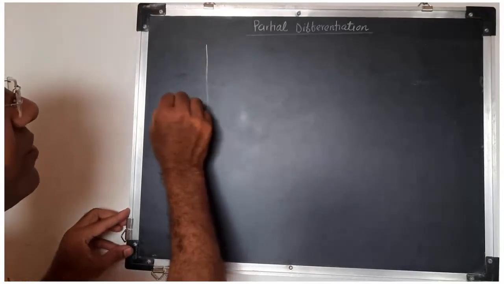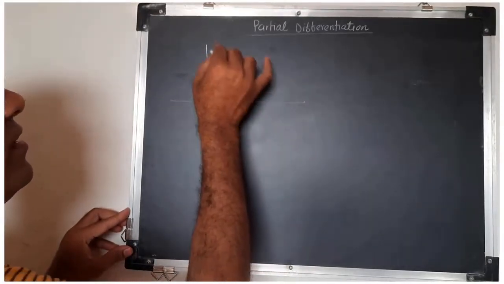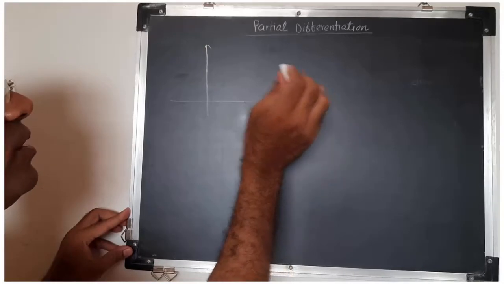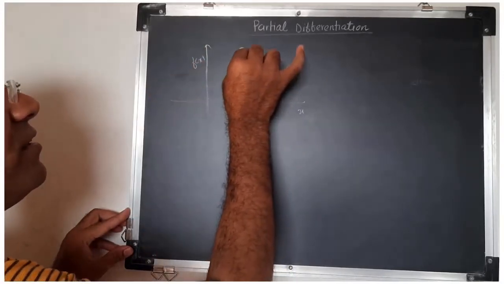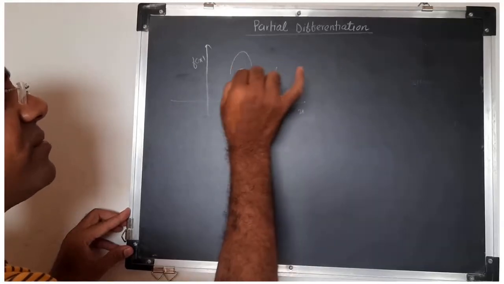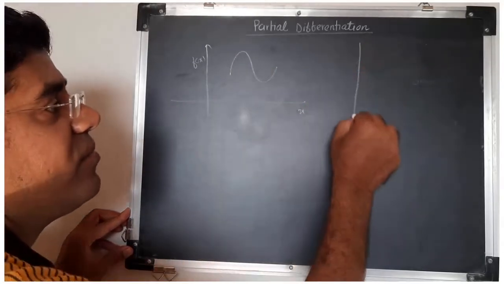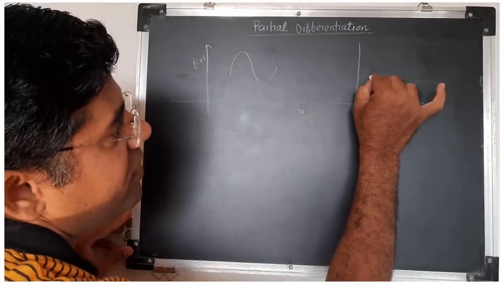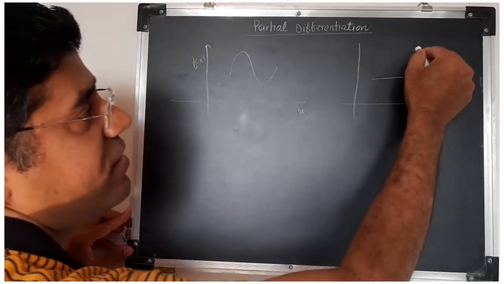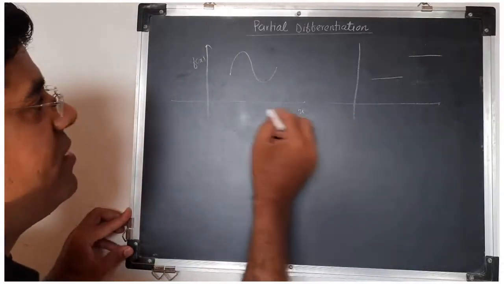I will take a small example so you will understand what I want to say. Now this is your function. I will take only the one-dimensional case. So this is f of x, and the given function is like this. And I will draw a second graph here. This is one case and this is another case.